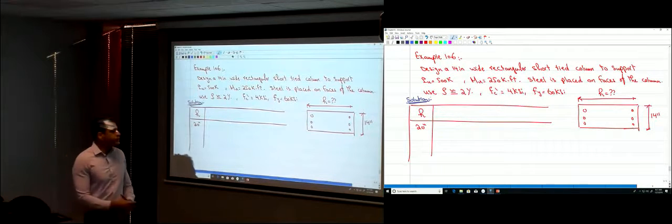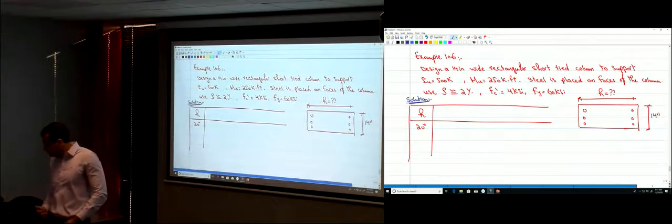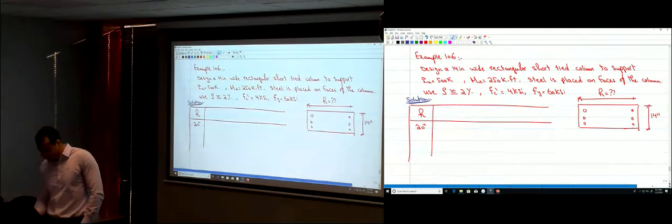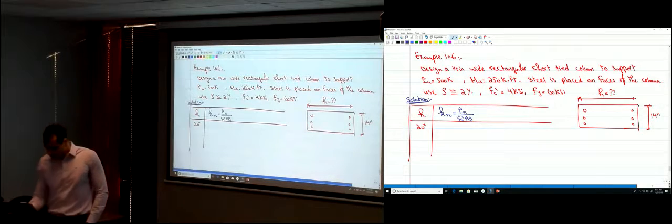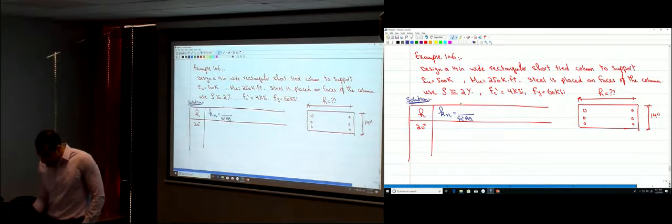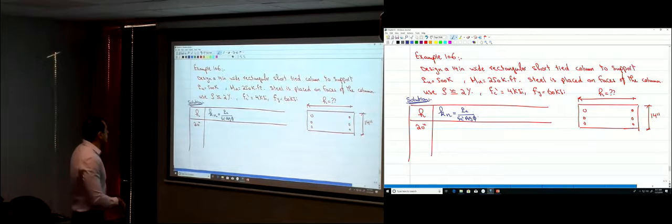If H is 20 inches, you have the dimensions, okay? You can go ahead and find Kn. What's Kn? It's Pn divided by Fc prime times area gross. Pn is P ultimate divided by phi, right?